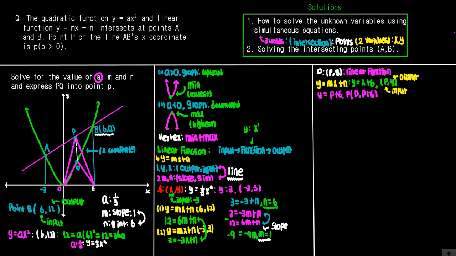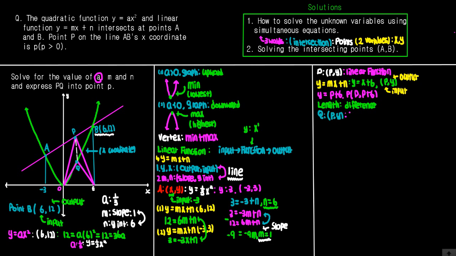And now solve Q. When it comes to solving for our length, it is the difference between the coordinates, which means we also need to solve for our Q coordinates. The Q coordinate is on our quadratic function. So our point Q is going to be p, comma, y, and we're trying to solve for our y value since we know that there is no difference between the x coordinates.